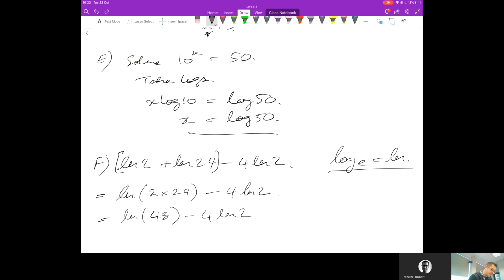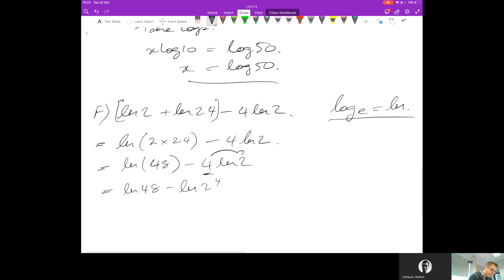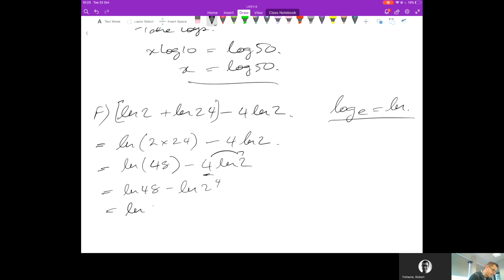Okay, so I can't use my subtraction rule yet because I've got a 4 here. So I'm going to use the other rule and put the 4 up above first. So that's equal to ln 48 minus ln 2 to the power 4, which equals ln 48 minus, what's 2 to the power 4? 2 times 2 is 4, times 2 is 8, times 2 is 16, ln 16.